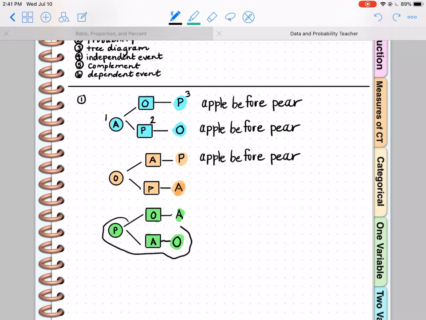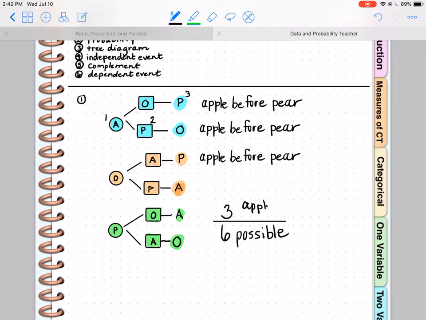Pear, apple, orange. The apple is not before the pear in that one. So of these 6 different possibilities, how many times was the apple before the pear? 3. And you've got your probability.